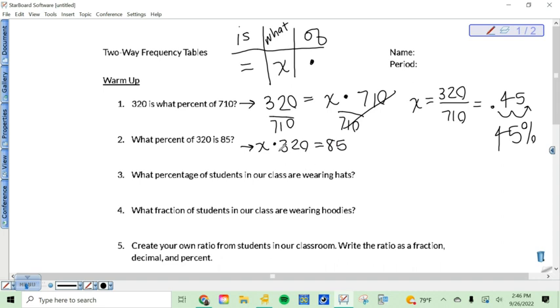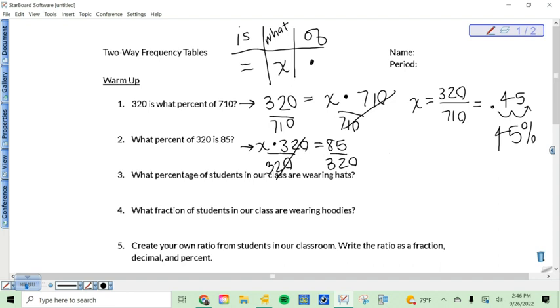Division by what? For 320. Yeah, it's 320. I got to get rid of that 320 next to the x, right? It's x times 320. The opposite of 320 is dividing by 320. So I divide both sides by 320.